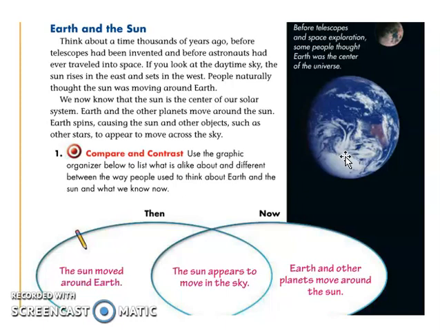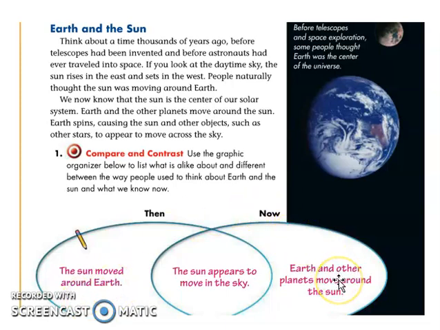If we try to do a graphic organizer, we can compare and contrast, listing what is alike and the difference between what people thought before and now. People thought before that the sun moves around the earth, that the earth is the center. That was their belief before.